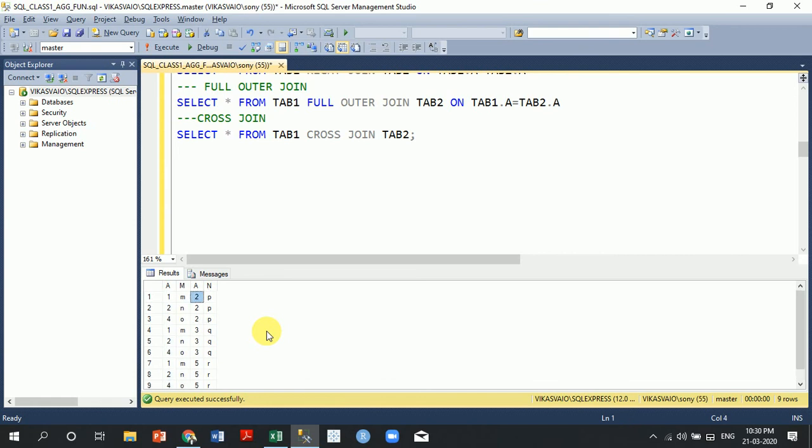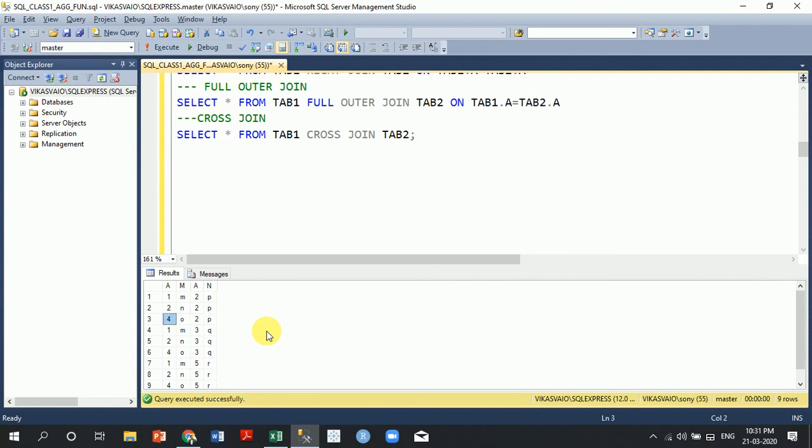That the first row of the first table is getting presented with all the rows of the second table: 1m 2p, then 1m 3q, and then 1m 5r. Then the process is the same for 2n 2p, 2n 3q, and 2n 5r.